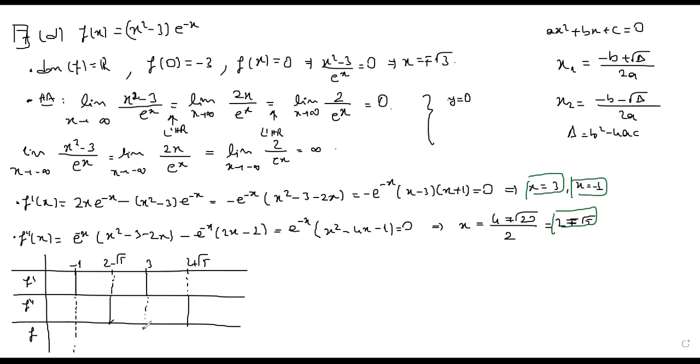All right, so what's the value of f prime when x is greater than 3? Just pick any point here and try if you get something positive or negative. You will see it will be negative.